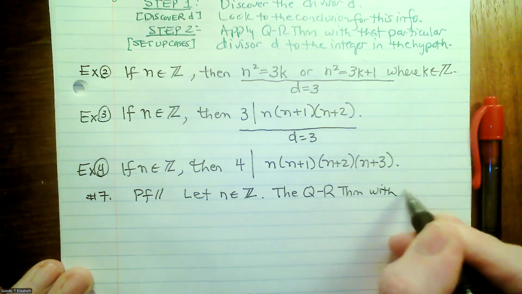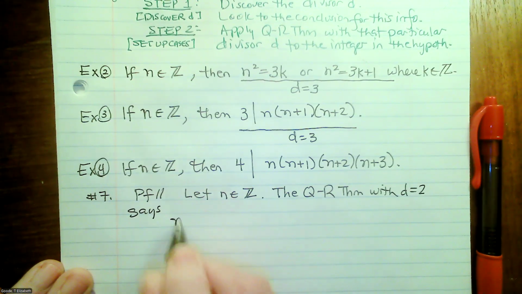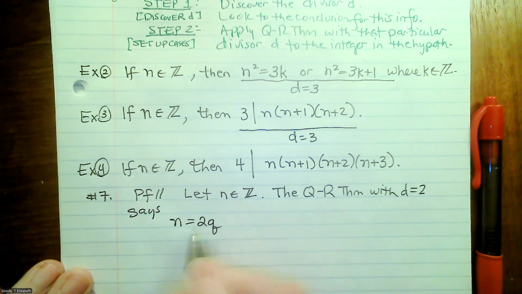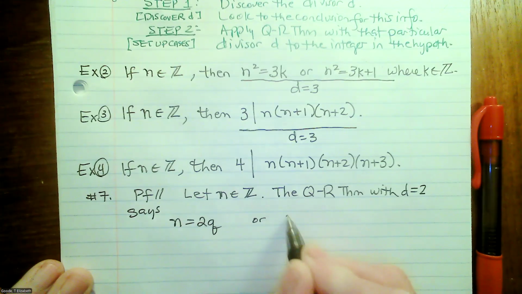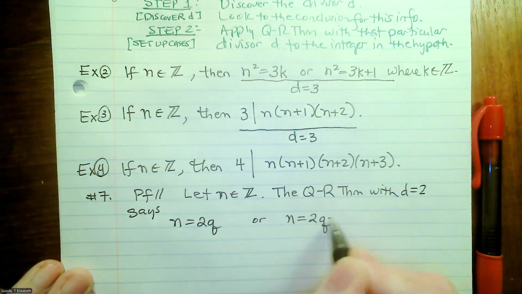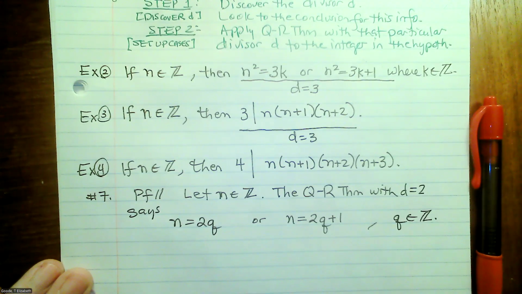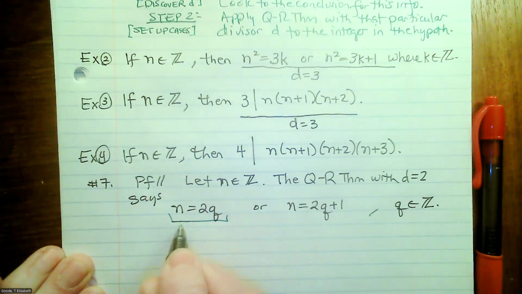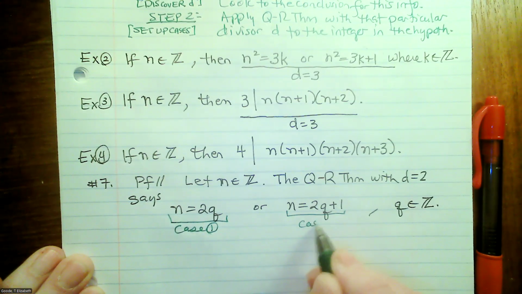With D equals 2, it says either N is equal to 2Q, in other words, this N that we're looking at is even, or N is equal to 2Q plus 1, where Q is in Z. And that gives us our 2 cases. So just remember to invoke your QR theorem to set up your 2 cases.